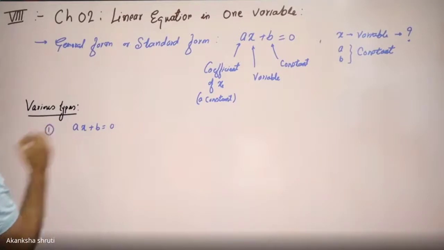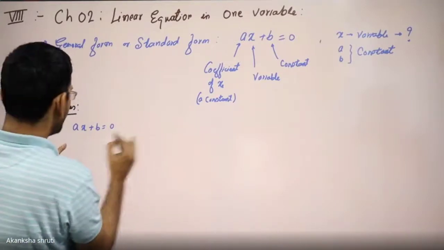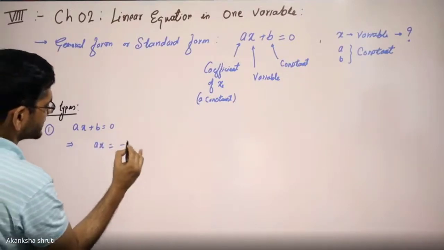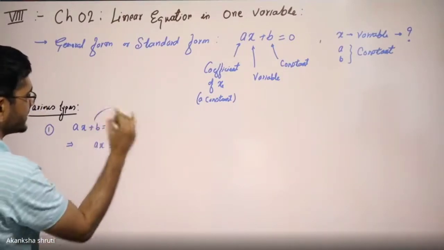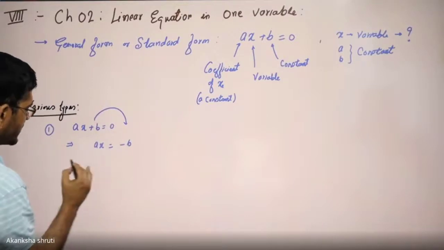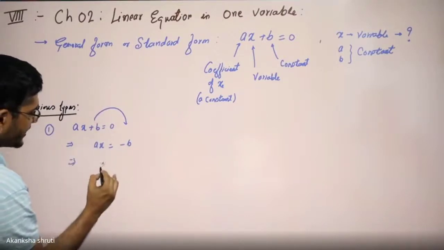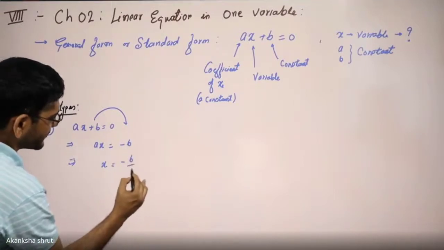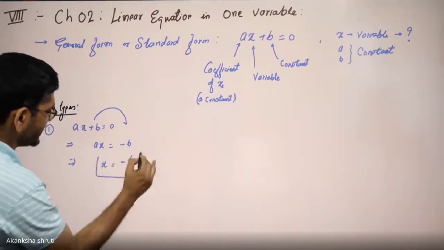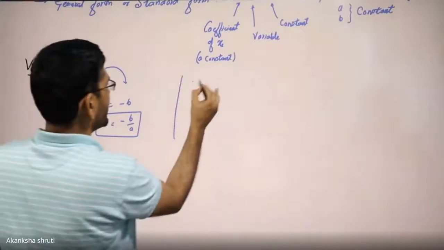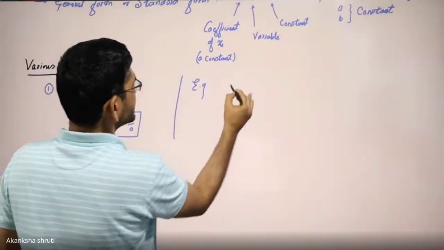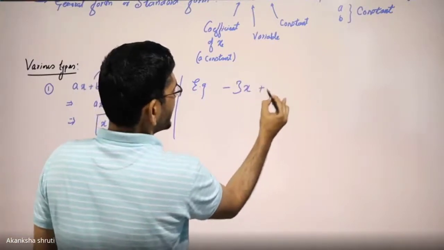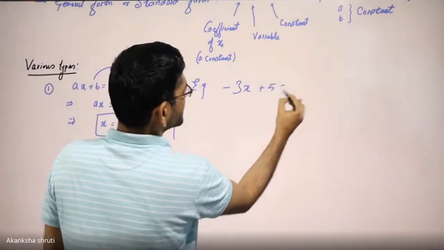To solve this, we bring the constant to the other side and keep the x on the same side. While changing sides, the sign is changed. Then for finding x, whatever is in multiplication will go into division. This way the x value is calculated. Example, last day we did minus 3x plus 5 equals 0.